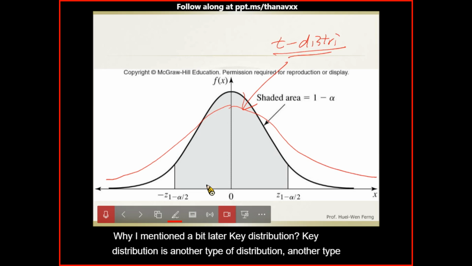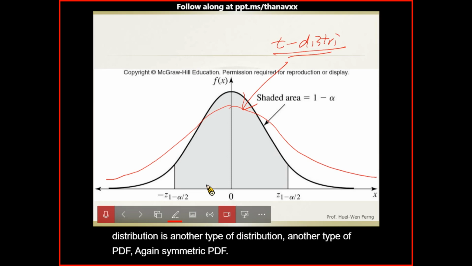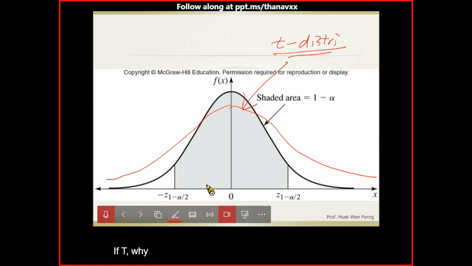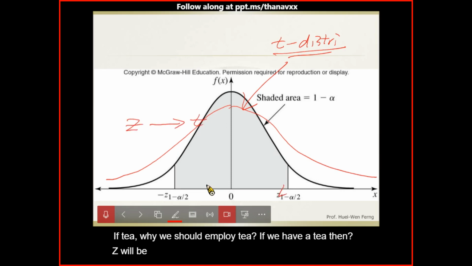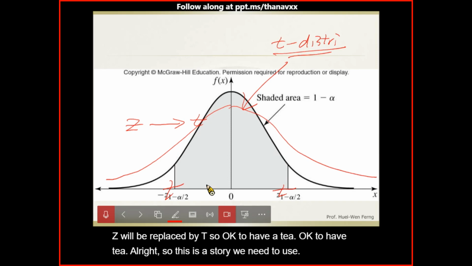Again, a symmetric PDF. Well, why should we employ T? If we have a T, then Z will be replaced by T. So okay to have a T. All right, so this is a story we need to use. Well, that's it, the T distribution.